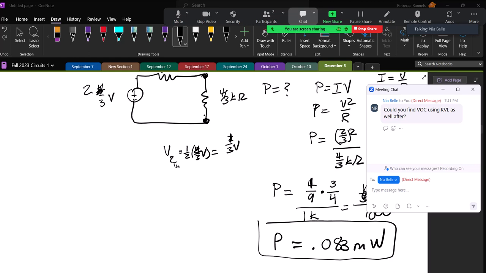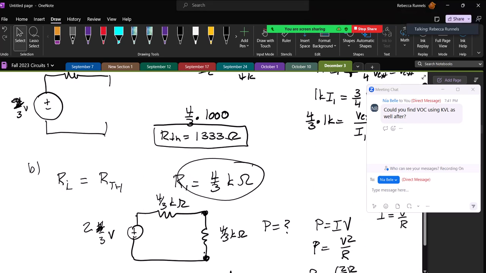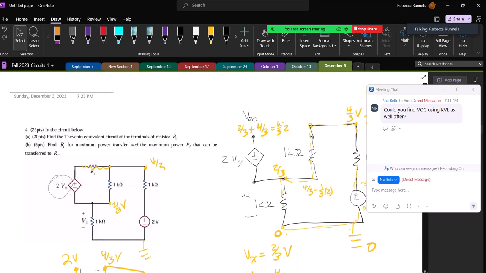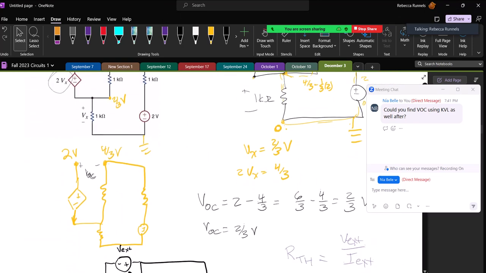Oh, I just meant if you could show it when you're done. Oh, could I find VOC using KVL? Oh, yeah, after, yes. When I'm done with all this, could I show using VOC? Yes, I can do that. Okay. Any other questions?